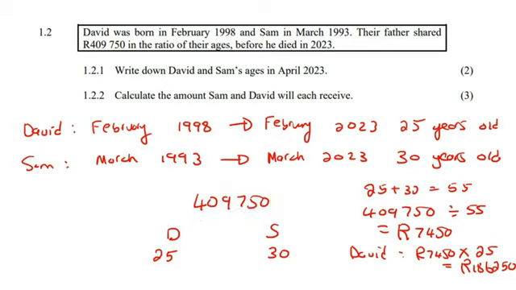But I'm going to stick to the normal approach: 7,450 multiplied by 30, and that'll be 223,500 Rand. Now, you could also add these two numbers together just to make sure that they add up to the original, because that would mean you've probably done this correctly. So I'm going to quickly add them together on my calculator. Plus 223,500. Yes, it gives us exactly 409,750, so we can be confident that we've done this correctly.